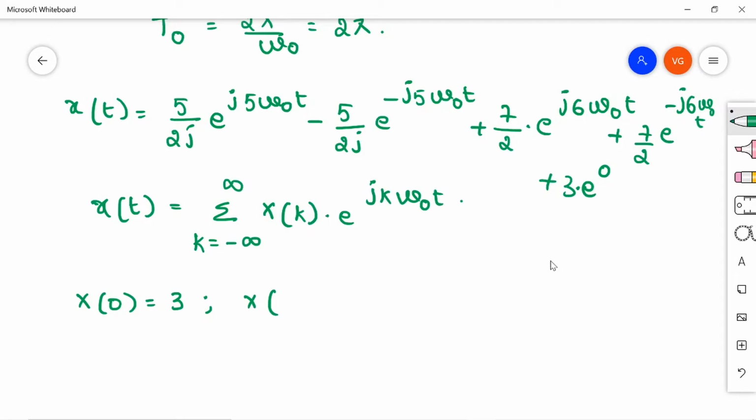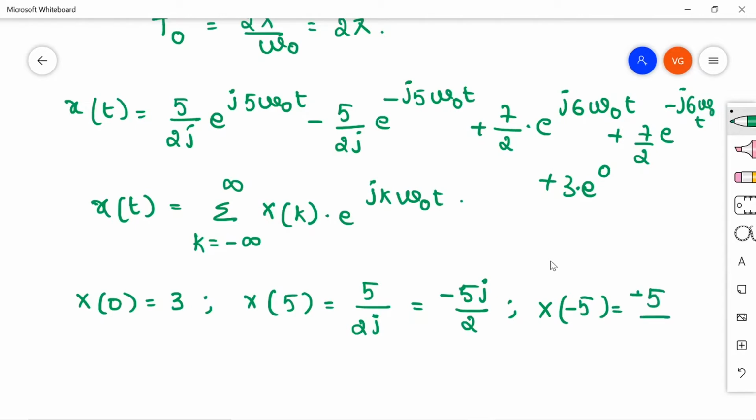X of 5 is nothing but 5 by 2j, or if you write j up, it will be minus 5j divided by 2, right? Similarly, x of minus 5 is 5j by 2. That is nothing but minus 5 by 2j, right?